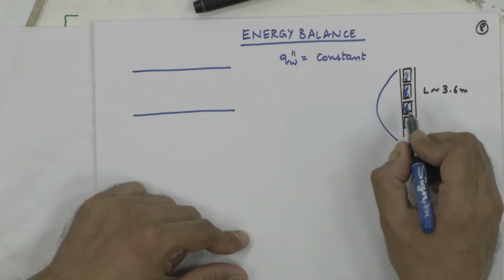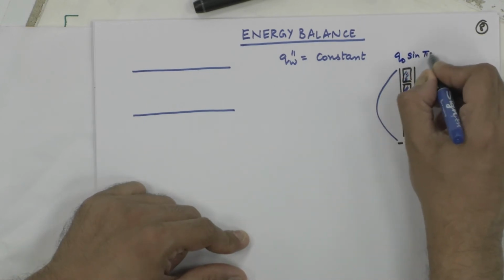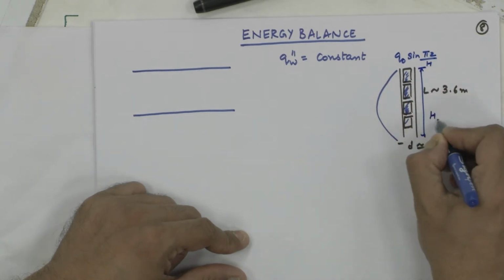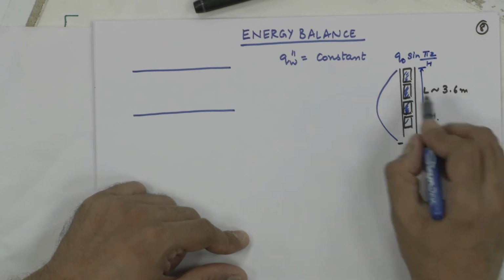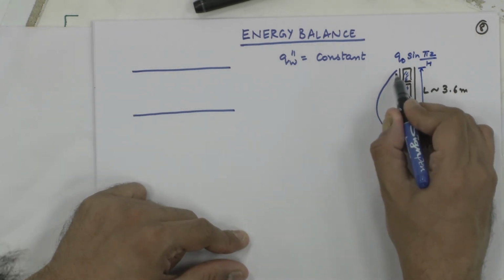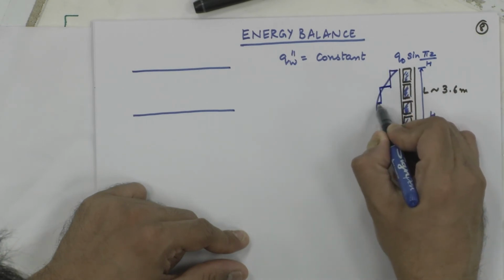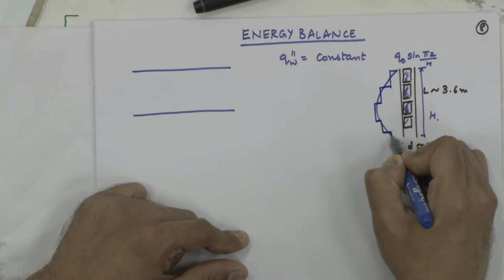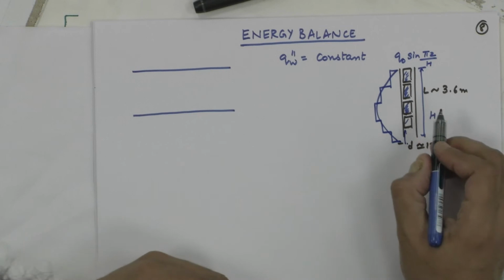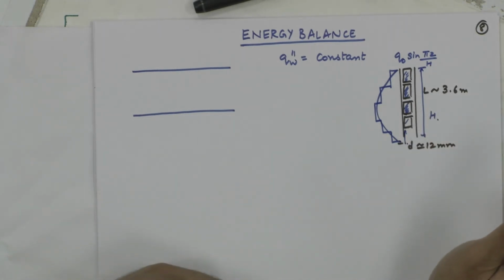Now, this profile can be given a mathematical form, q naught sine pi z by H or something, where this is your capital H. Okay. But in real life, this is a mathematical fit to something which is like this: constant, another constant, another constant, constant, constant. So, in real life situation, you cannot get smooth functional variation in temperature.